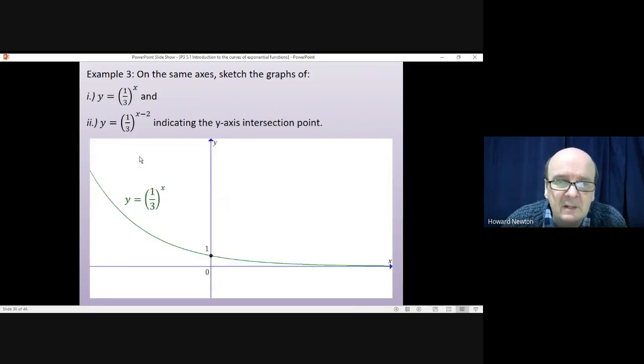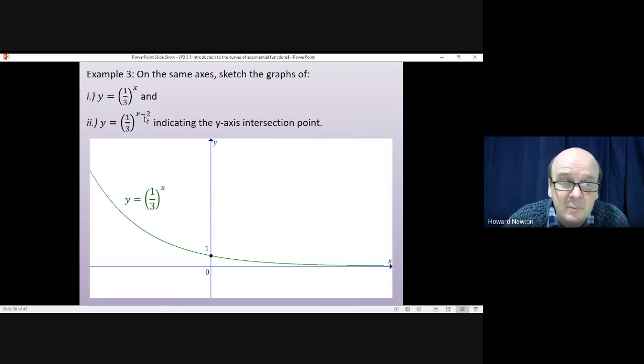Okay, let's have a look. Well, y equals a third to the power of x we did just now. It looks something like that. Now, the easiest way to sketch a third to the power of x minus 2 is using some work we did in a previous chapter. We've adjusted x by taking away 2 from it.